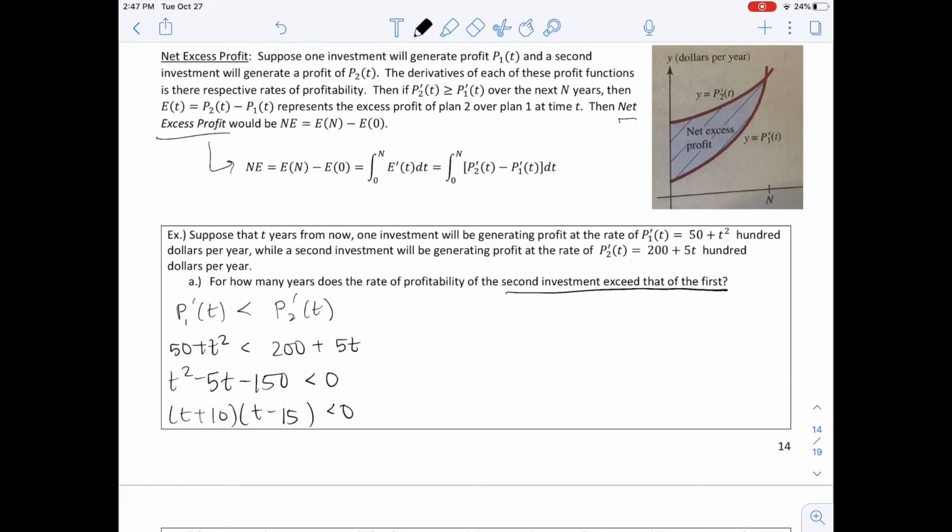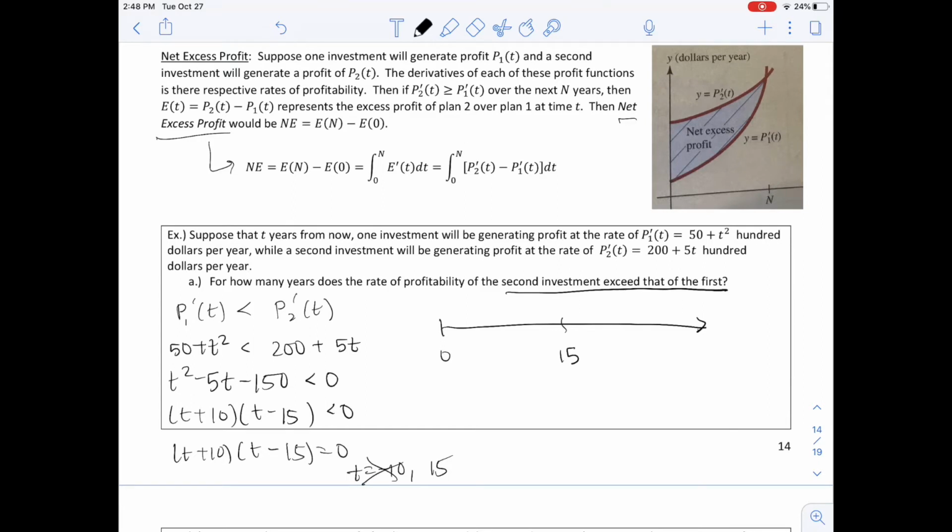You can set up a number line here, which needs to go from 0 on. Setting this equal to 0 and solving, we have t equals -10 and t equals positive 15. We only have to worry about positive 15 because -10 does not make sense with time.